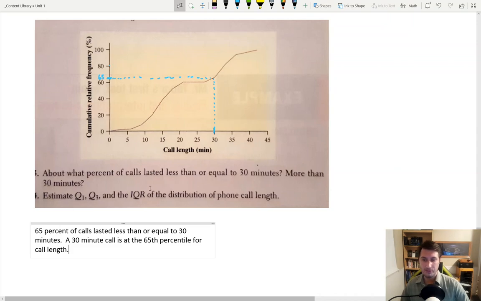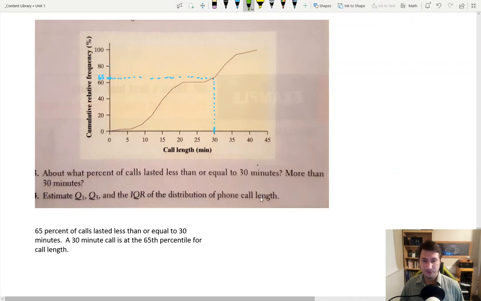More than 30 minutes, that would just be what's called the complement, right? If 65% are less, 35% will be more. Now estimate Q1, Q3, and the IQR.